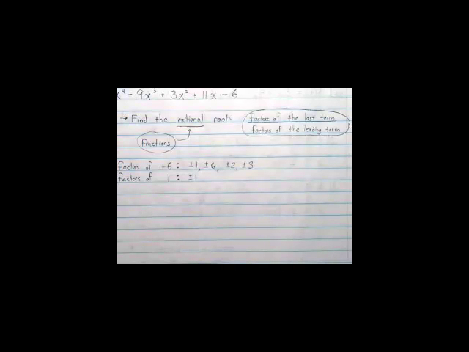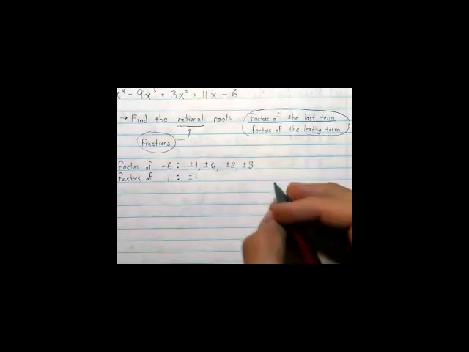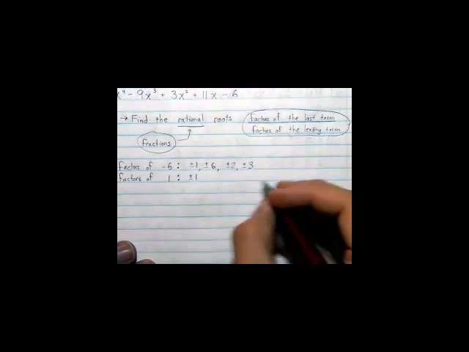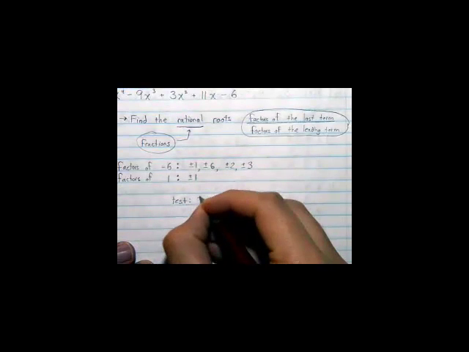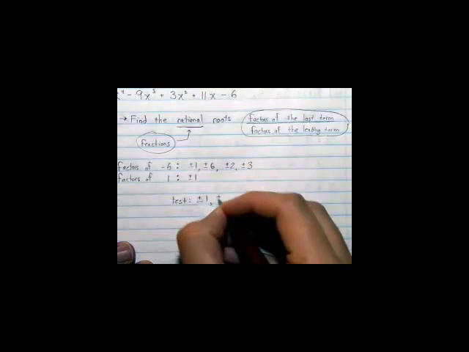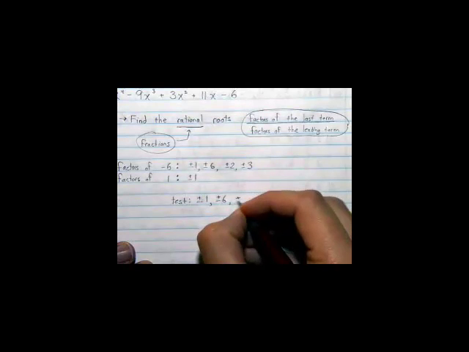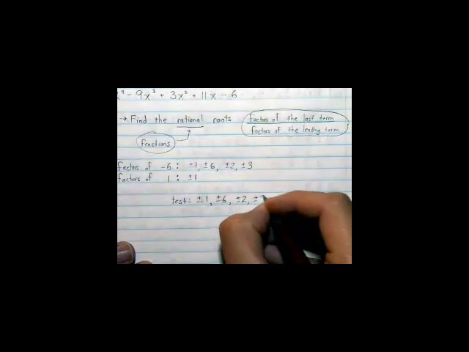So normally, you would have more than just one thing here for the factors of the leading term. So maybe it would be like a plus or minus 1 and then a plus or minus 2 and some other stuff. So you're still just matching them up, but the plus and minus stuff kind of like cancels itself out a little bit. So really, by dividing these things, we're just going to test plus or minus 1, plus or minus 6, plus or minus 2, and plus or minus 3.